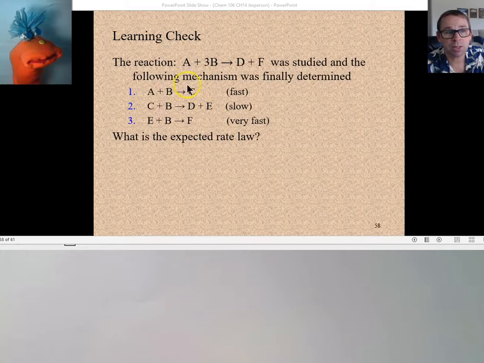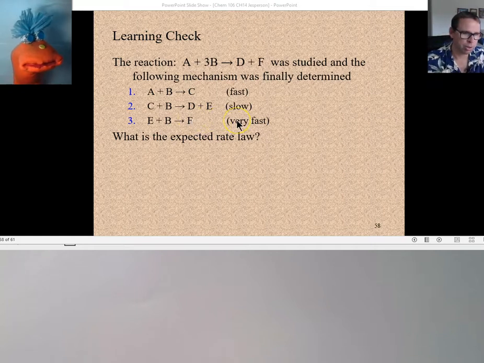We don't include C in there because C is a what? What do you call it when it shows up and then disappears? That's an intermediate. Oh yeah, C is an intermediate. Very good. So I put in A and B, and then I form C. C is consumed with a second B to form D and E. E is consumed with a third B to form F.